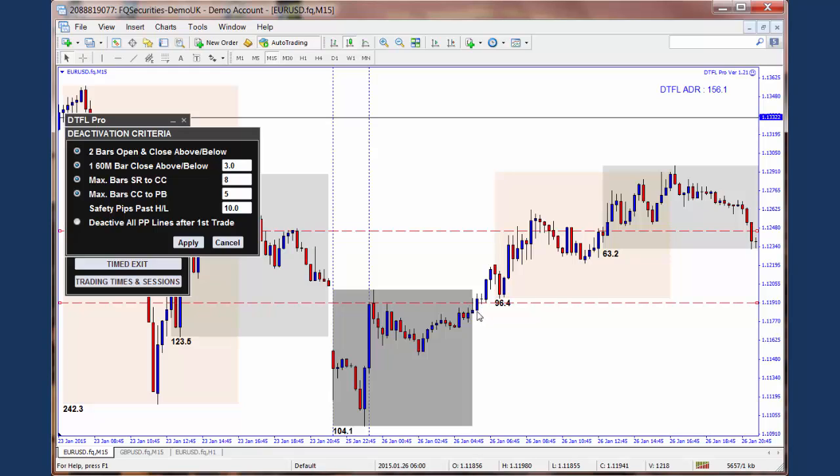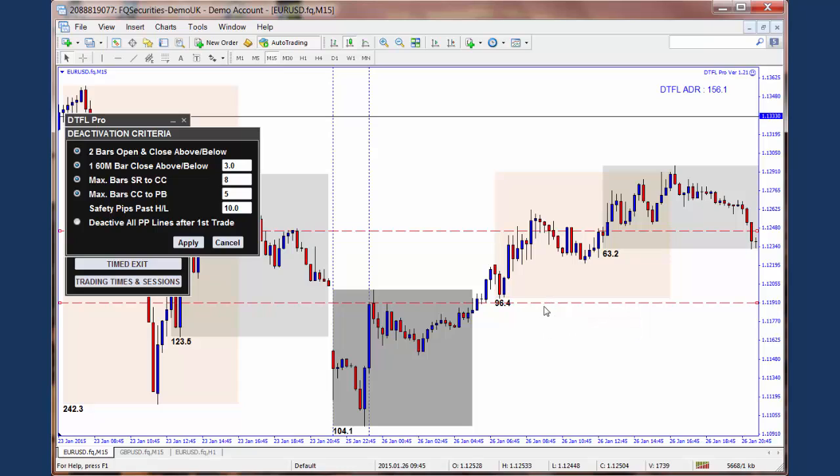What's happened is the price has come through the PP level, and there's been 1, 2 opens and closes above the level, that would automatically deactivate the level. This is the one that Sterling uses in his room all the time. If there's 2 opens and closes above a level, then that level is deactivated.